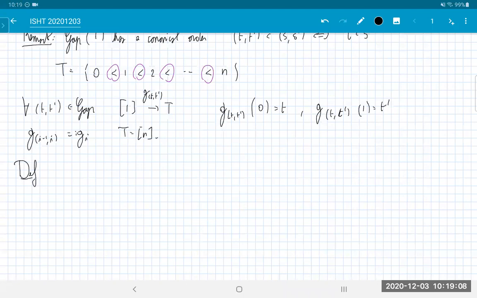So, okay, definition. So let C be an infinity category with all finite products.